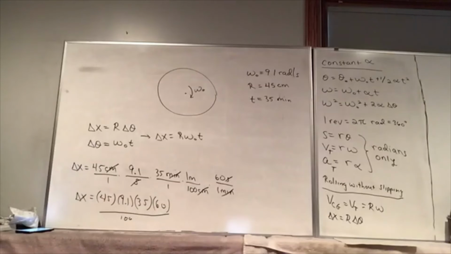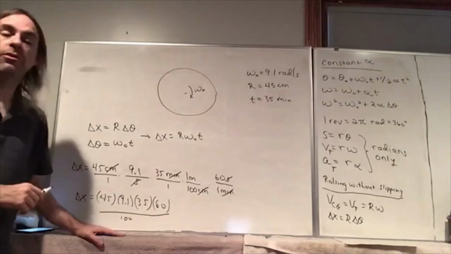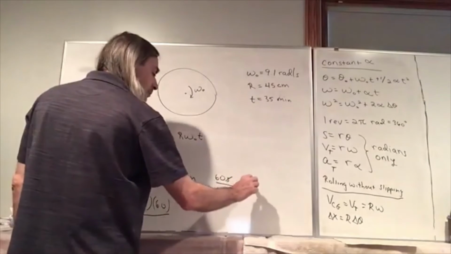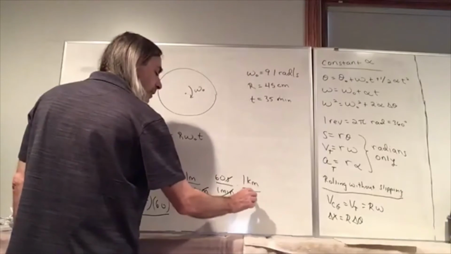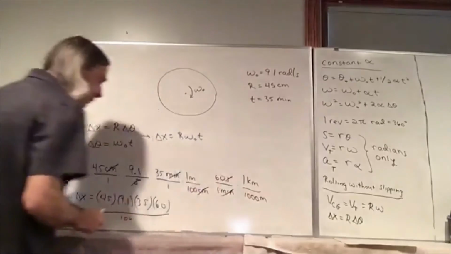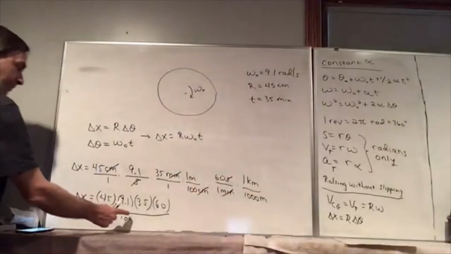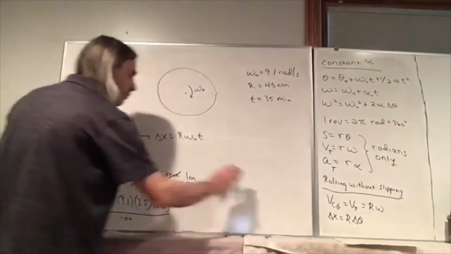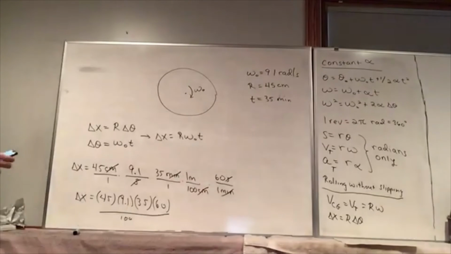Maybe we want to convert to kilometers, actually. If you're on a bike for 35 minutes, why don't we do that? 1 kilometer is 1,000 meters. Hopefully you've gone at least a kilometer in this time. Actually, I don't think so. Let's just leave it in meters. I don't seem to have gone very far. Let's see numerically. 45 times 9.1 times 35 times 60, and then divided by 100.